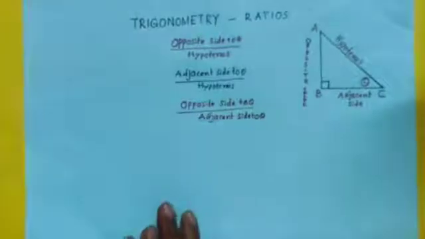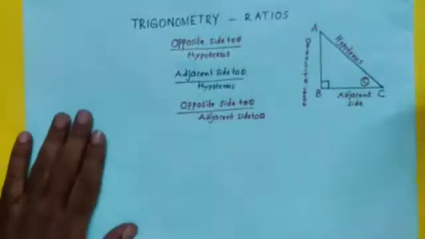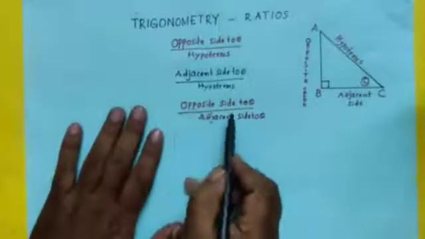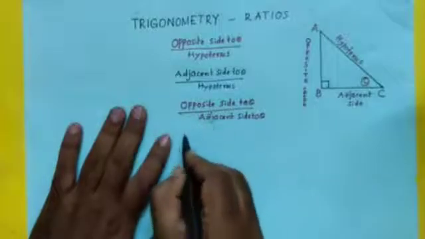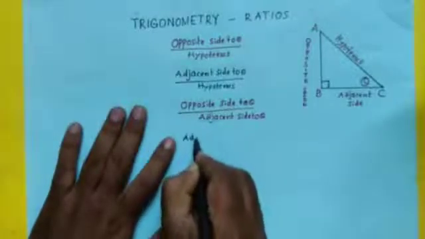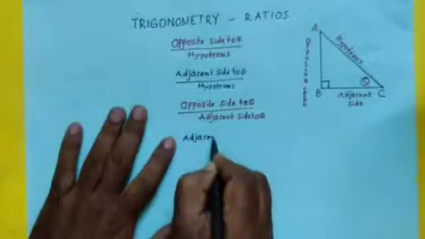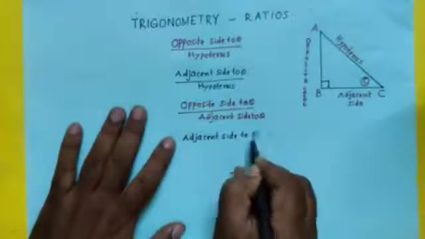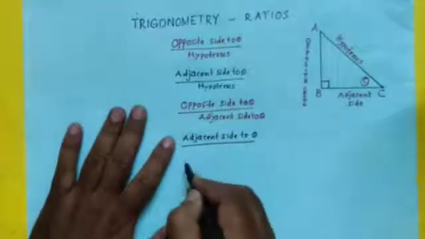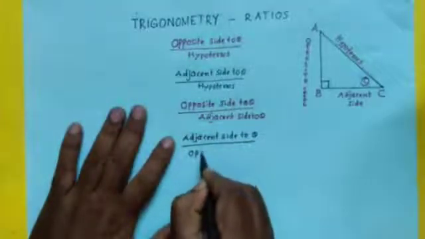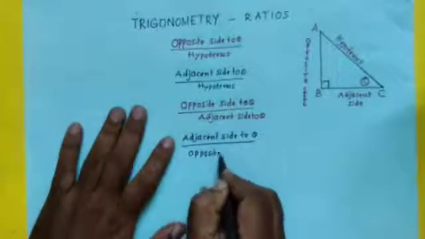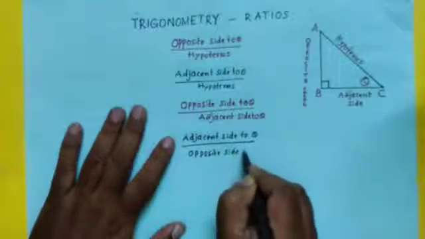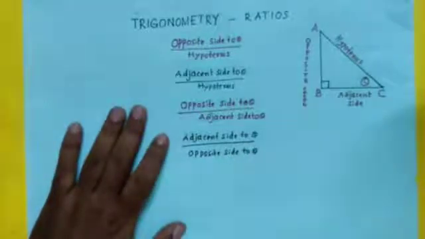Is it clear for all? And again, reversing this, the opposite side to theta by the adjacent side, we write the adjacent side to theta by the opposite side to theta. We have to write like this.